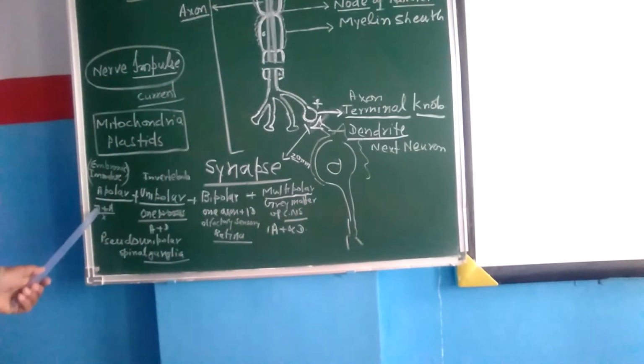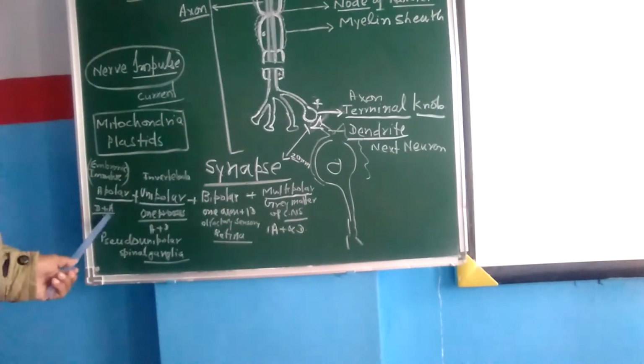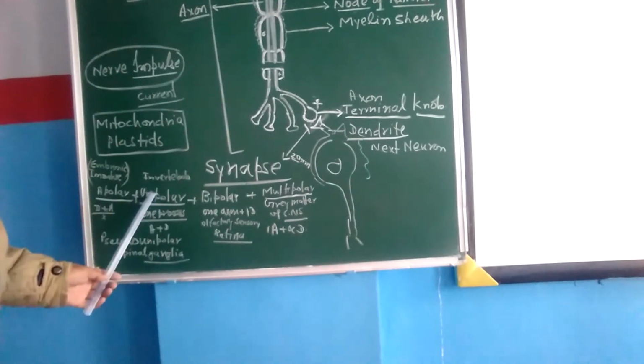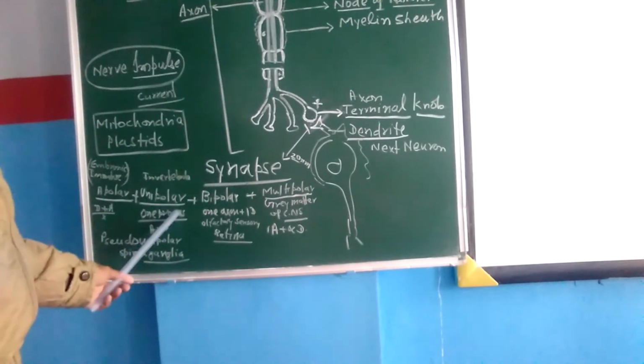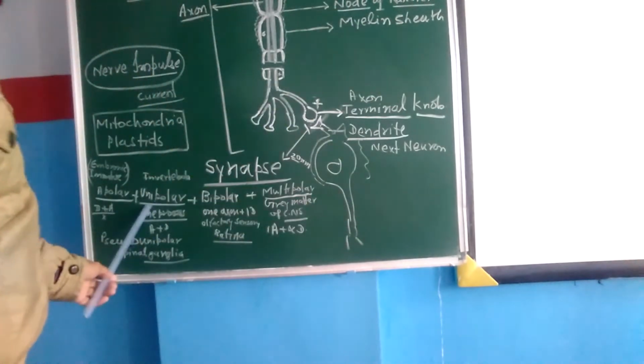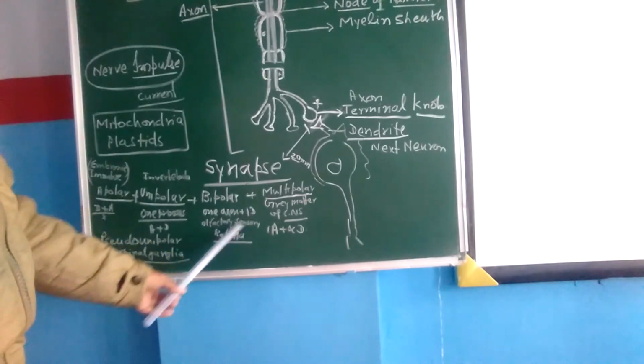Apolar means they have neither dendrites nor axons together. Unipolar means one process, either axon or one dendron develops. Bipolar means one axon plus one dendron.